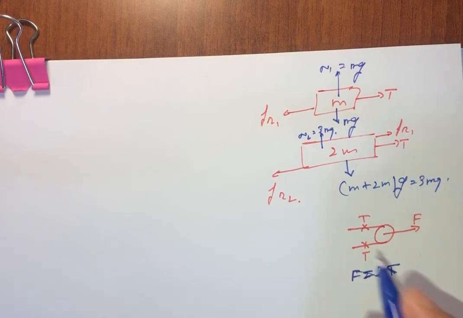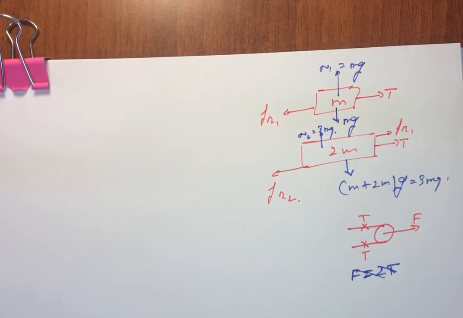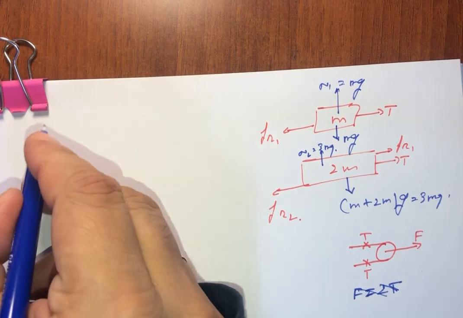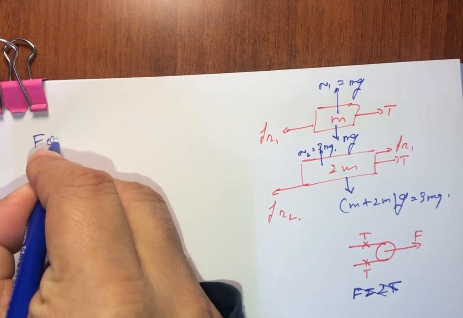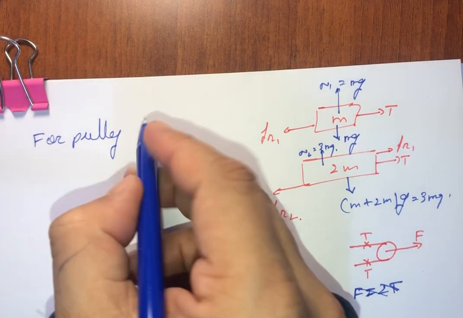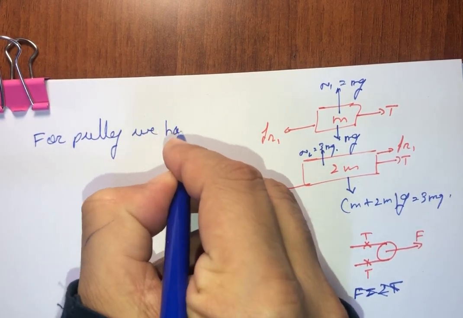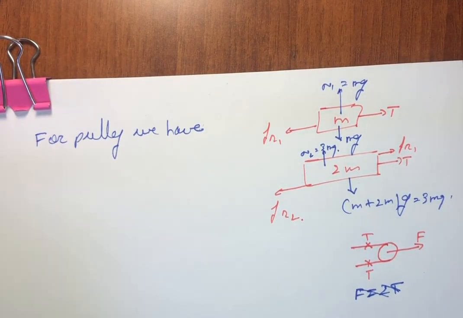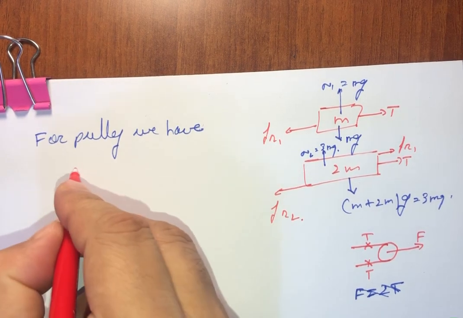Let me write it here actually. For pulley, we have F is equal to 2T.